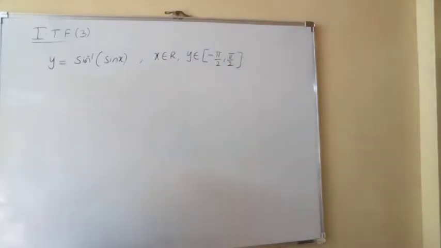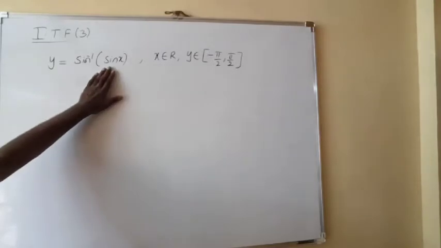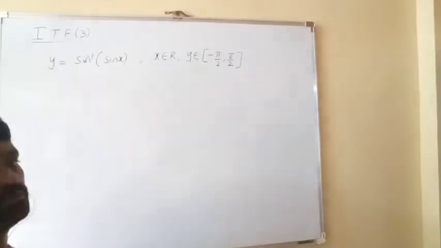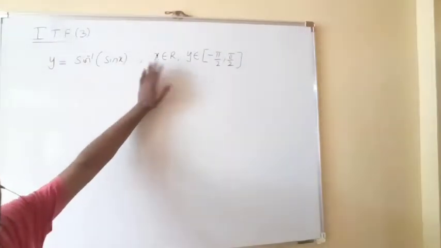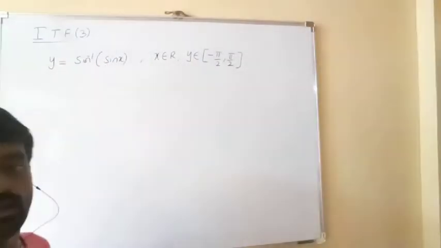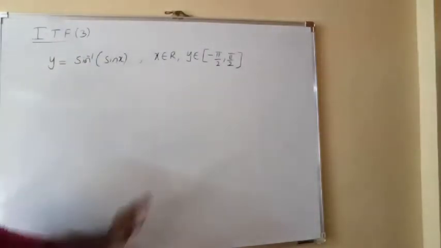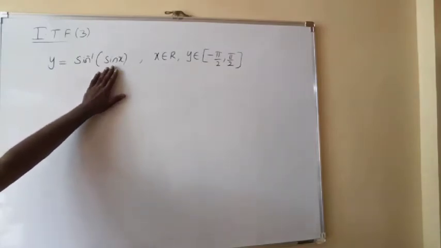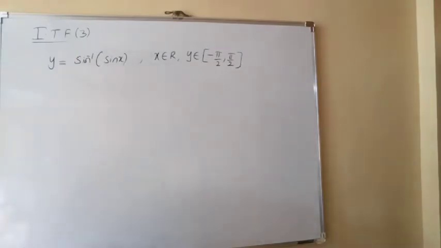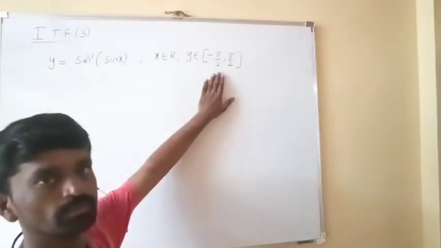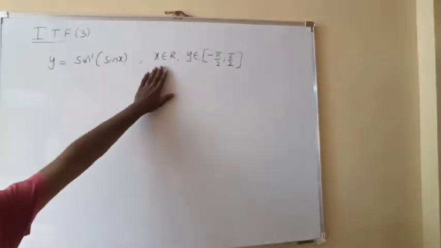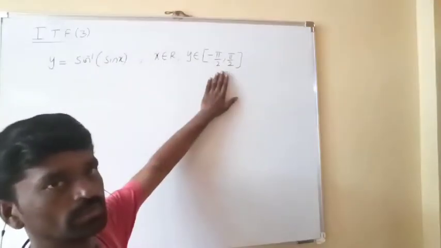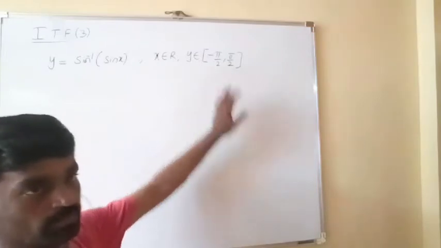Because sine inverse of sine x is defined whenever sine x takes values from minus 1 to 1, and for any real number x, sine x always lies between minus 1 and 1. Hence, sine inverse of sine x is meaningful for all real numbers x. And sine inverse of any number from minus 1 to 1 lies between minus pi by 2 and plus pi by 2. Thus the domain of this function is all real numbers, and the range is the closed interval minus pi by 2 comma pi by 2.